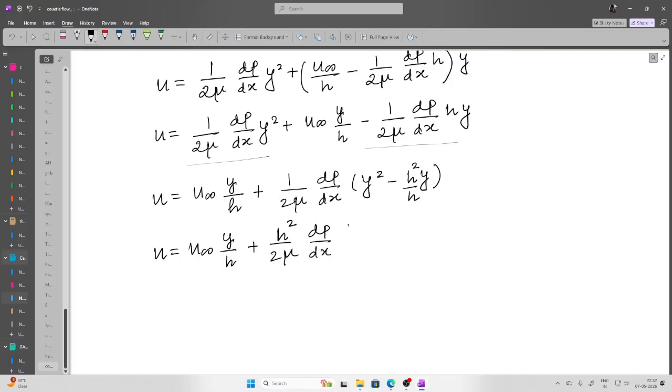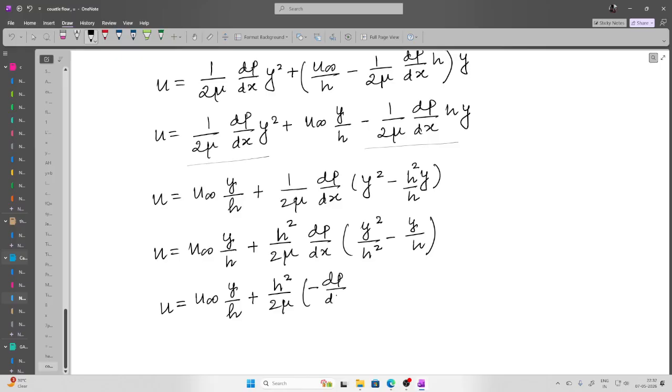So this is h square, and this will be y square by h square minus y by h. Again, we will take minus y by h outside. So this will become u infinity y by h plus h square by 2 mu. We have taken minus, so we'll club this with dp by dx, and then it is 1 minus y by h, as we have taken negative also out, so it is y by h.